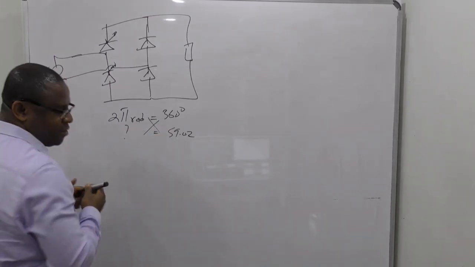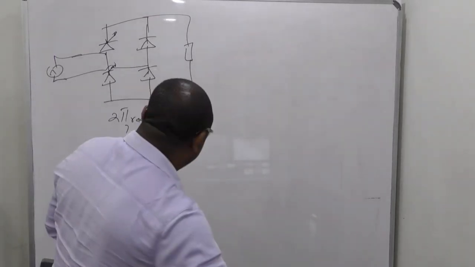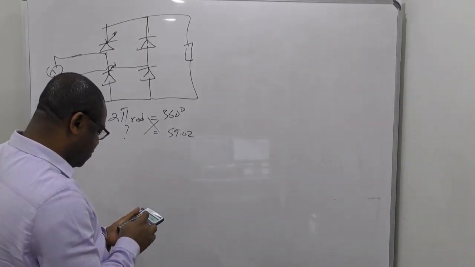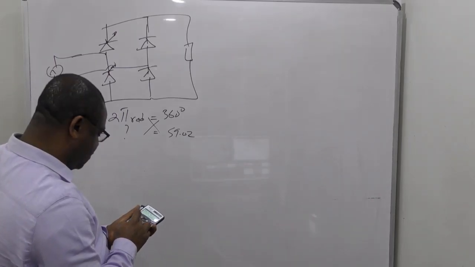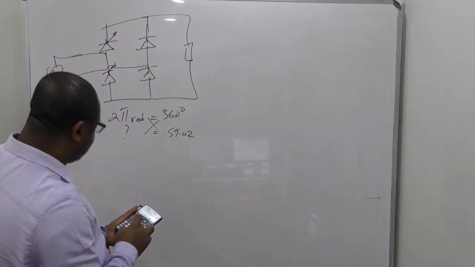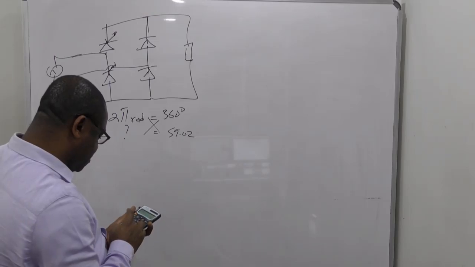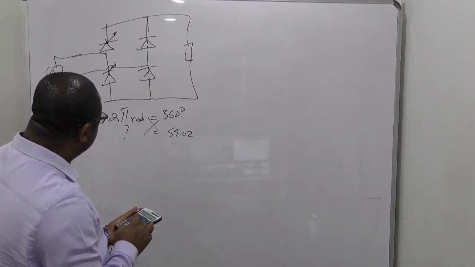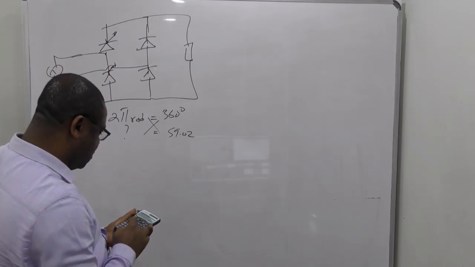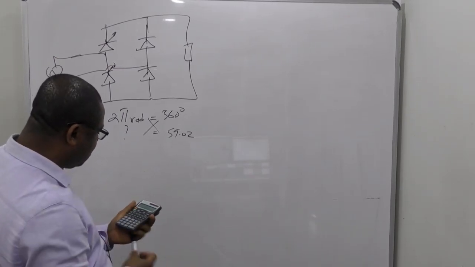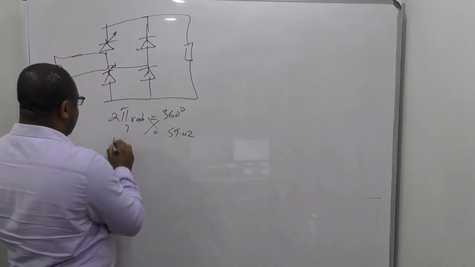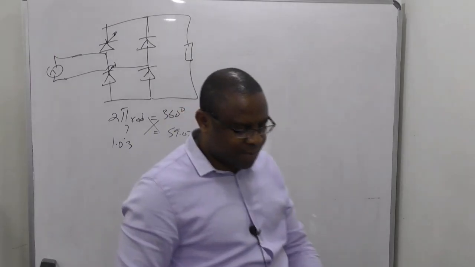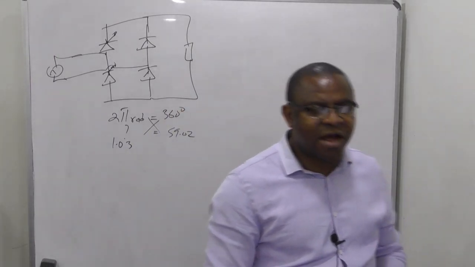It will be 59.02 times 2 times pi, and then divide by 360, you get 1.03. Okay, that's how you can convert an angle to radians.